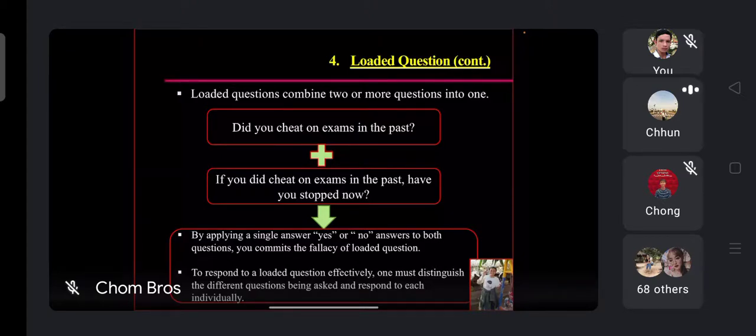However, if you did answer yes, you might then go on to explain that you stopped cheating, like, yes, I only did it once and it was a long time ago. In both cases, you had to add extra explanation. So that's it. Move to the next slide, please.